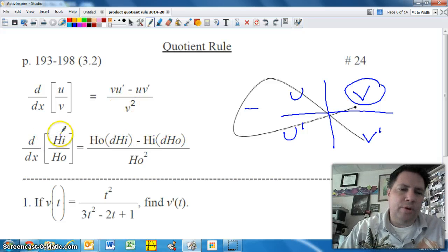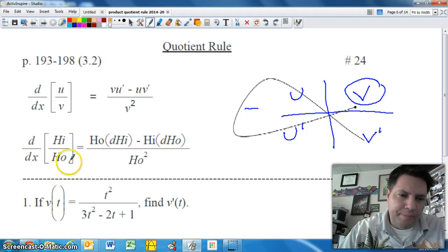Or, if you use high and ho, the way you can remember it is ho times the derivative of high minus high times the derivative of ho, all over ho squared.